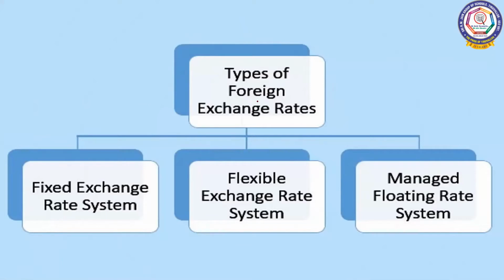Types of foreign exchange rates. There are three types of foreign exchange rates: fixed exchange rate system, flexible exchange rate system, and managed floating rate system. Fixed exchange rate system is otherwise called pegged exchange rate system.